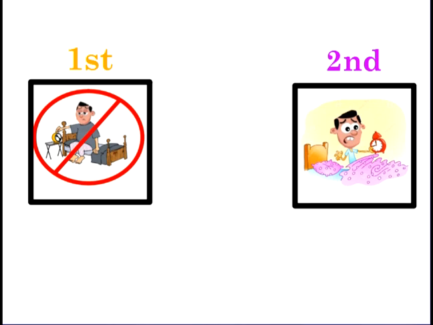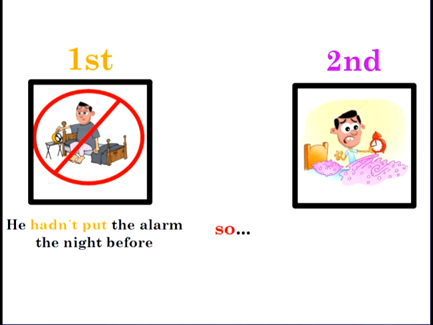So if I'm going to use my grammar in the correct way, I'd say something like this. He hadn't put the alarm the night before, so he woke up late.